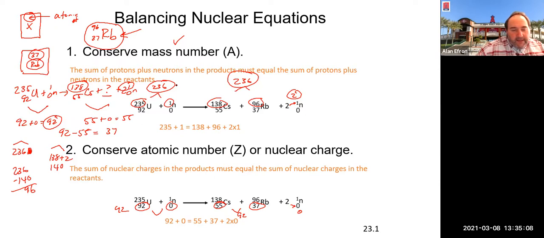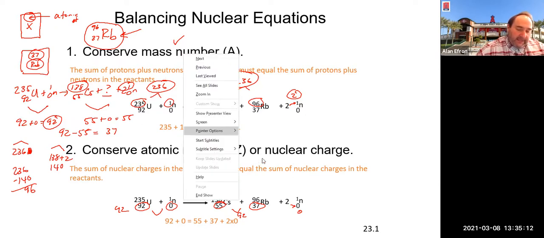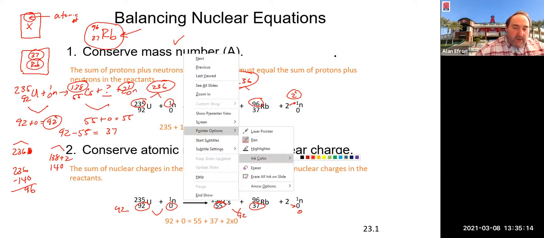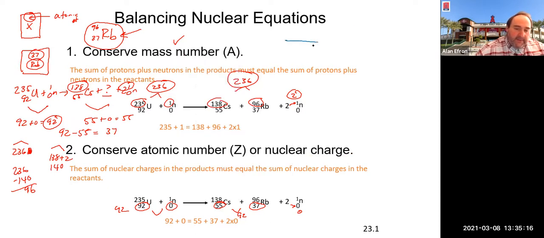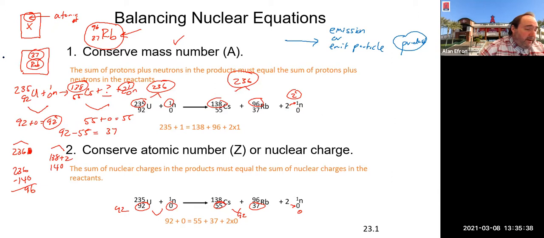So a couple other terminology words that we often hear when we're doing these. Sometimes we talk about it going through this type of emission, or it emits a particle. Any type of emission, or it emits a particle, means the particle will be on the product side. So when they're talking about that particle, you put that particle on the product side.